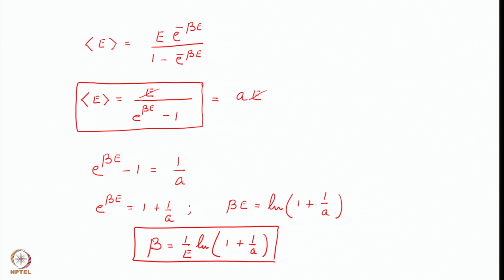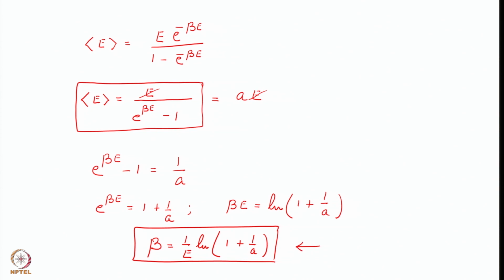Since we were given a scheme that E_j is equal to j times E, we used that and found that the partition function was the sum of a GP. By using that partition function in the expression for mean energy, that is internal energy, and then by mathematical manipulations, we were able to get this expression for temperature.